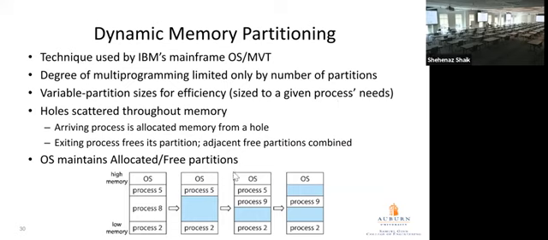And even if we have a large hole like this, if the process needs only a small part of it and not the entire partition, then we can allocate only the requested amount of space. Thereby, we have the remaining space available for any newly arriving processes, and we should be able to make better use of the available physical memory. Okay, so those are all different advantages with this approach.